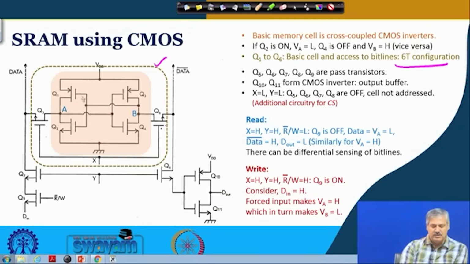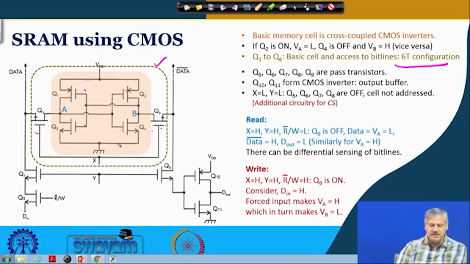Okay. So, 1, 2, 3, 4, 5, 6. These are the 6 transistors. Is it fine? Right. So, when x and y are low, the circuit is not addressed. Okay. So, it is storing, because it is in bistable mode, whatever information it had.